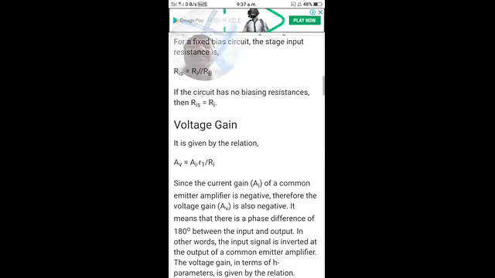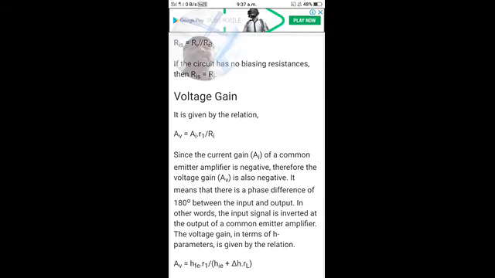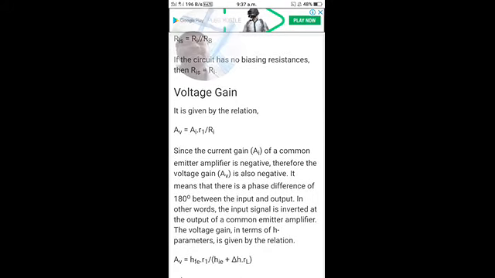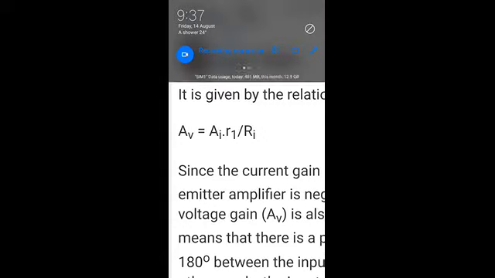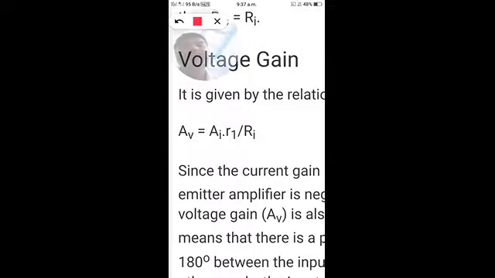Then we can find the voltage gain. The voltage gain equation is AV equal to AI into RL by Ri.